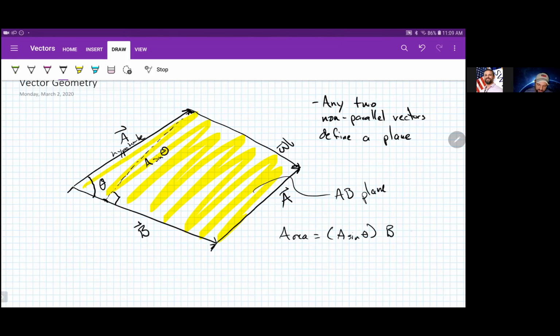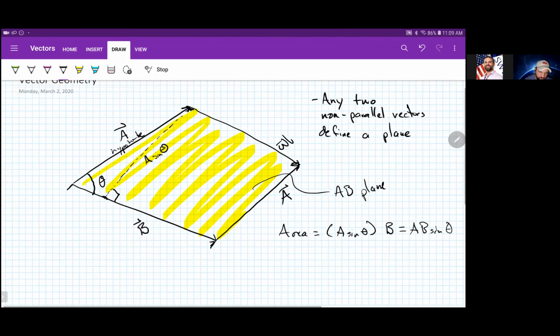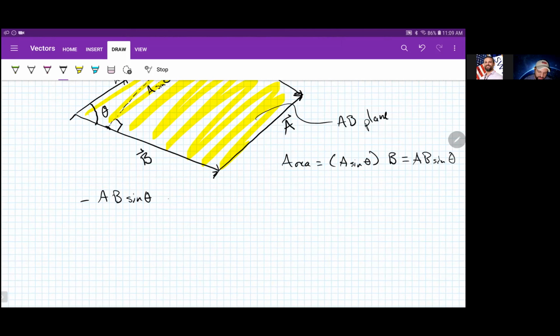And so you'll see that this is just equal to AB sine theta. So AB sine theta is the area contained by the AB plane, where theta is just the angle between A and B.